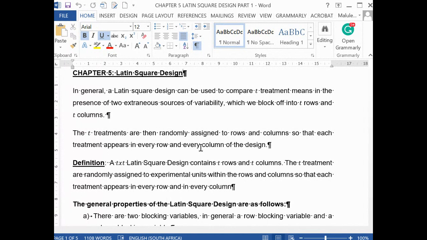We compared the differences between Latin square design and standard Latin square design. We also tried to connect chapter 2, chapter 3, and this chapter: what is the difference between randomized block design and Latin square design?